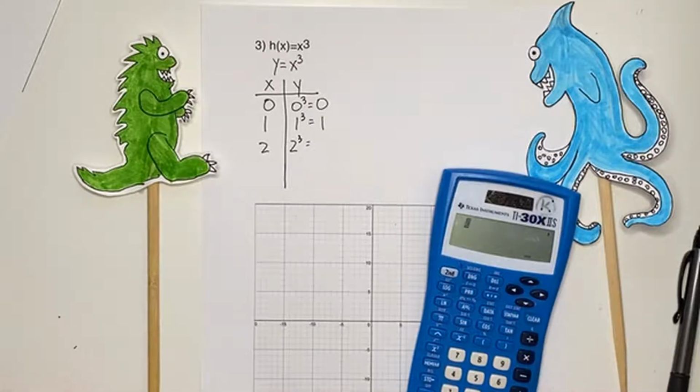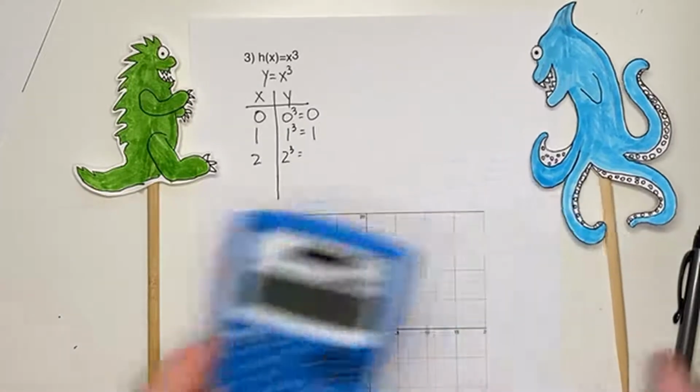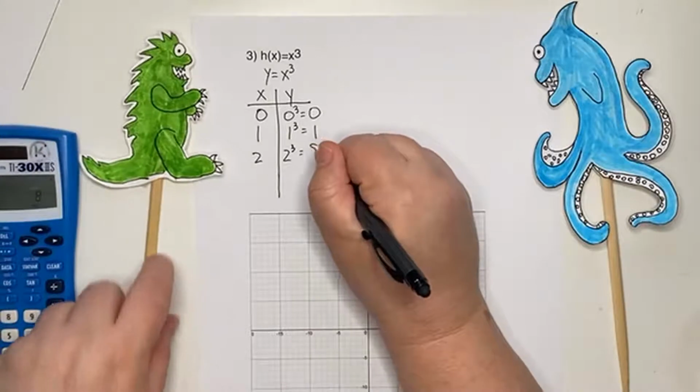You could go old school and just do 2 times 2 times 2, get 8. Some people have a slightly different key on a calculator, it might be x to the y or x to the box. And if you're not sure, you can always ask me or a tutor, send us a picture of what your calculator looks like and we can show you where your exponent key is. Okay, so 2 cubed is 8.